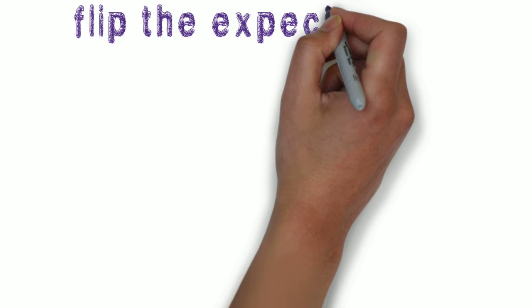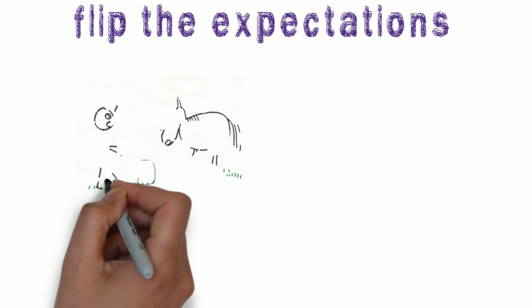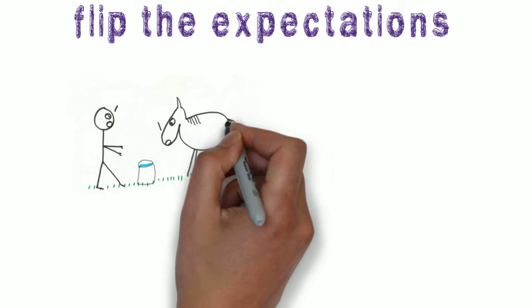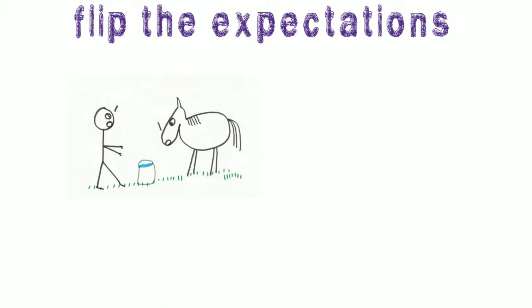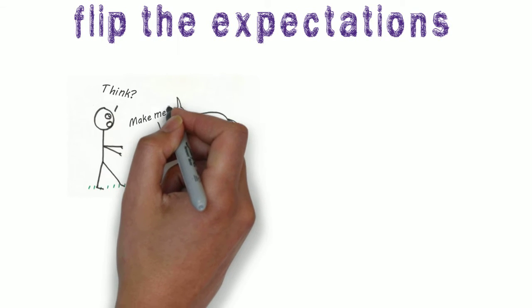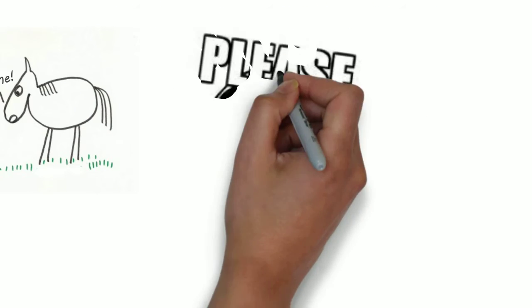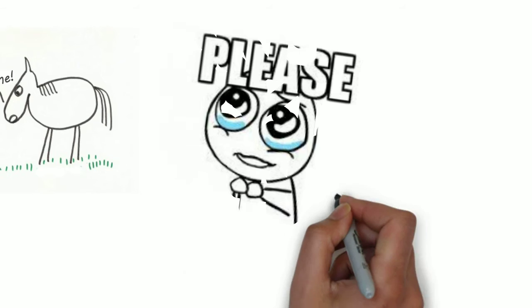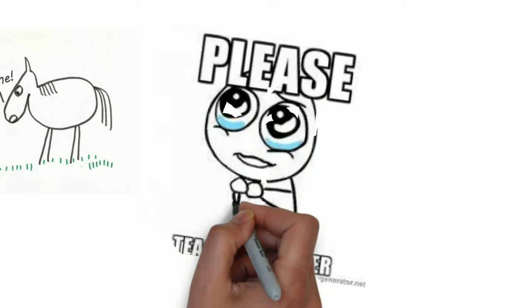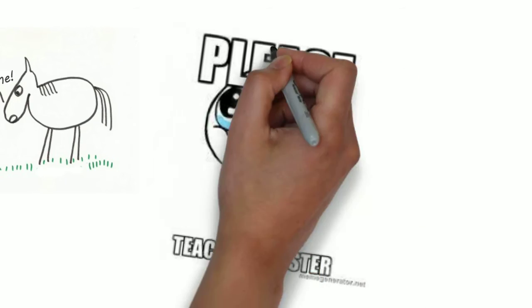Flip the expectations. Flipped learning is not just about flipping the way that the students engage with the material or how the material is delivered. It is also an opportunity to flip the expectations of the students. To paraphrase an old proverb, you can lead the student to water, but you can't make him think. A lot of students, especially new entrants into higher education, are likely to be conditioned into the expectation that their education and learning is the responsibility of the teacher.